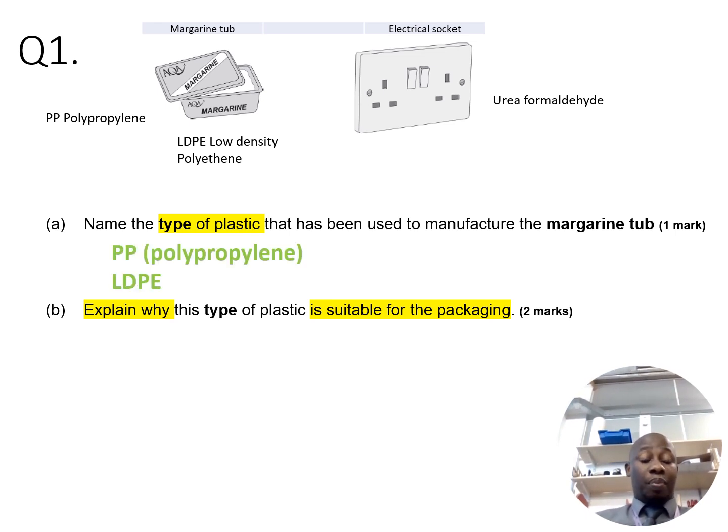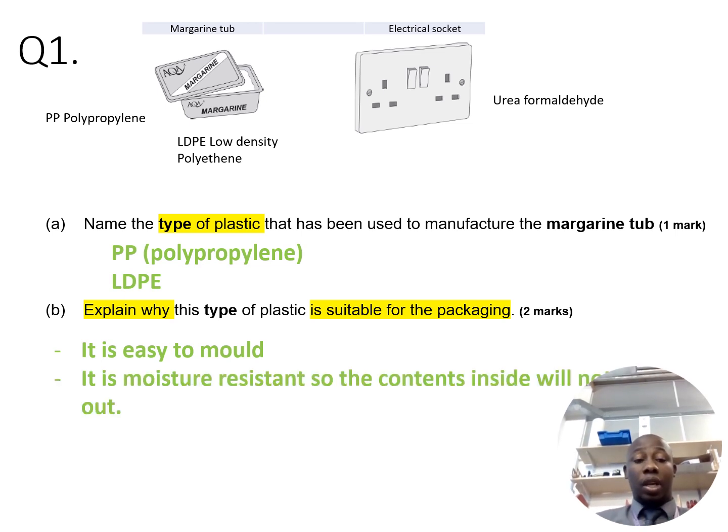And then part B says, explain why this type of plastic is suitable for packaging. And here you need to give at least 2 suitable points, giving the reasons why this material is suitable. It's a 2-mark question, so that's what you'll be giving. So for me, I could answer by saying it is easy to mold into the shape of a margarine tub. I know it's moisture resistant, so the contents inside will not leak out.